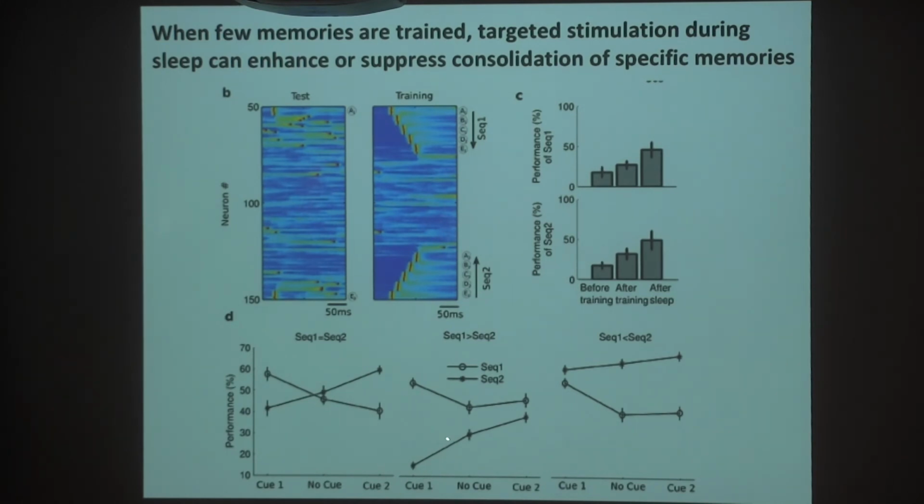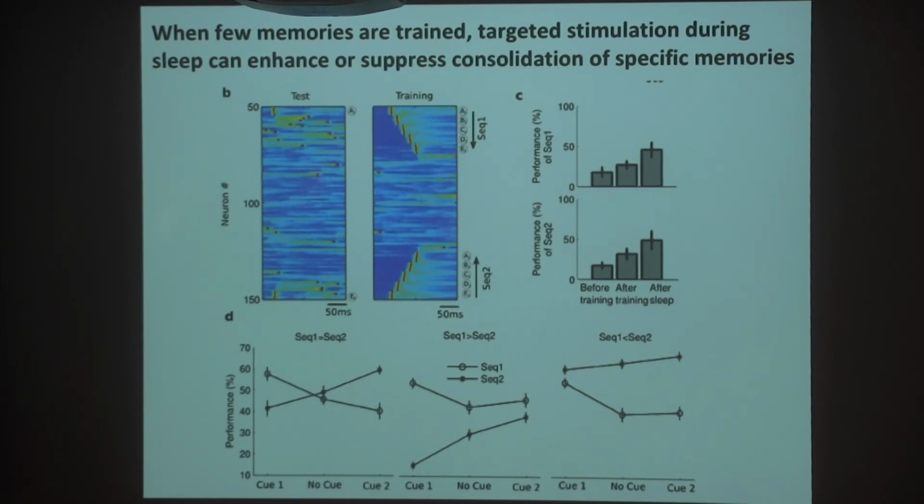So for example, if you have the stronger sequence and cue it during sleep, you improve it significantly, and you can almost completely suppress the second memory. However, if you cue the weaker one, the sequence which was trained less, you improve it, but it almost doesn't affect the stronger sequence.